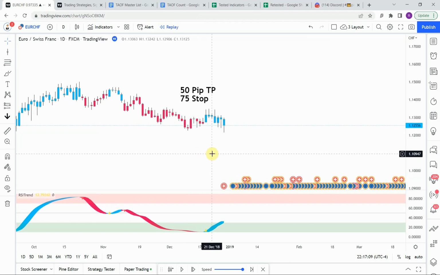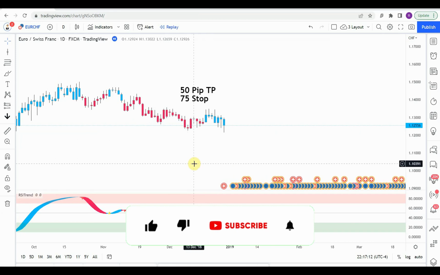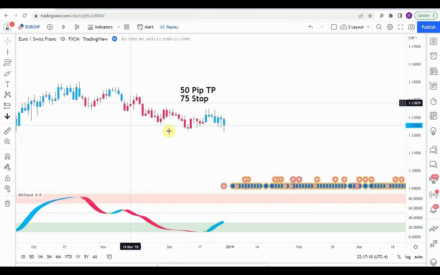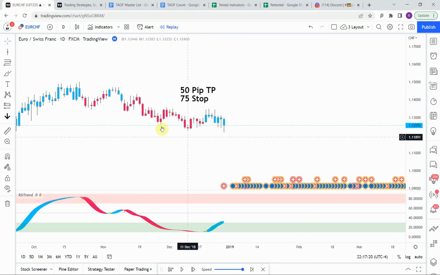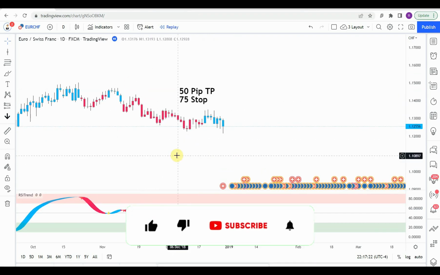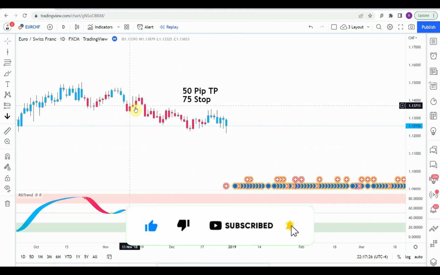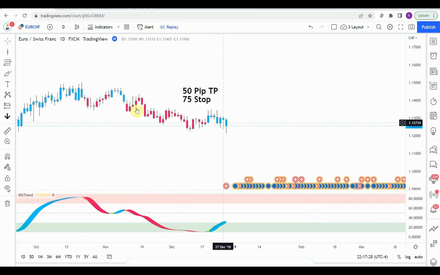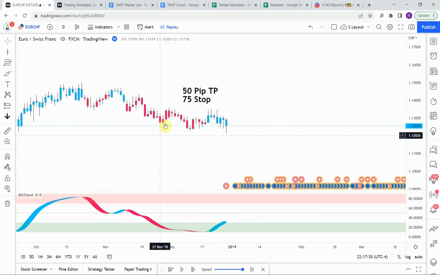Okay, so today's indicator is the RSI Trend Indicator, and you can see it here on the bottom of the screen. You can also see its coloration of the bars up on the candlesticks. What we are looking for is not necessarily the bar coloration switching from one to another.